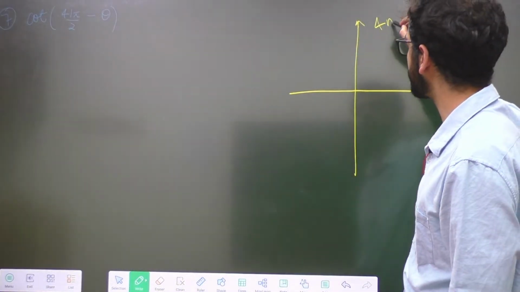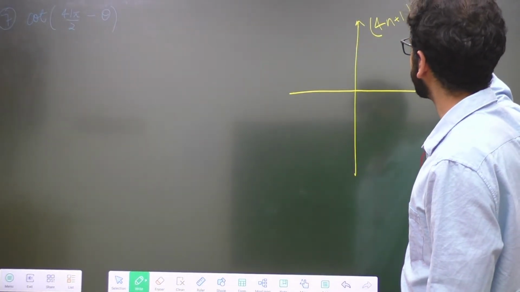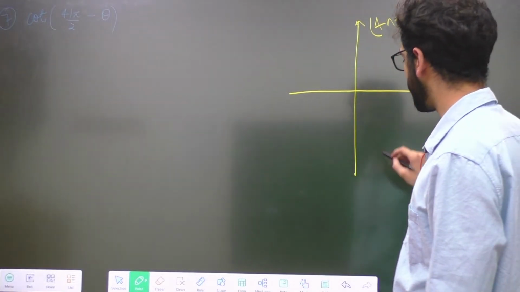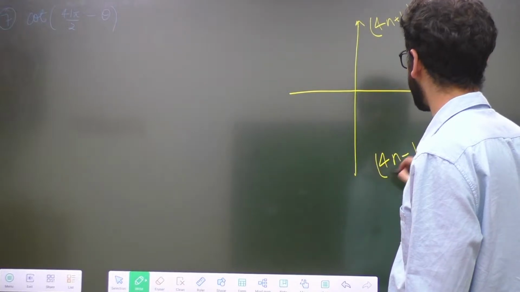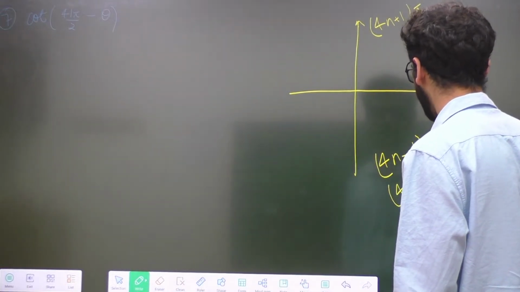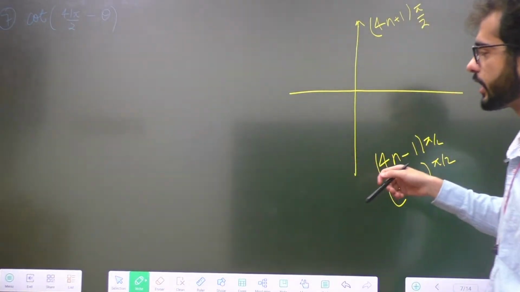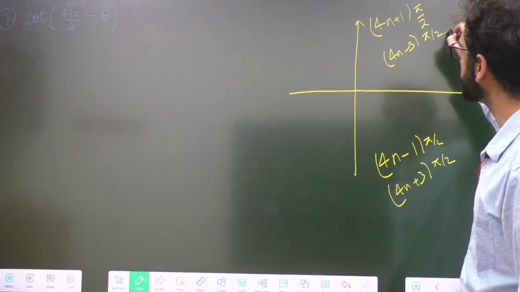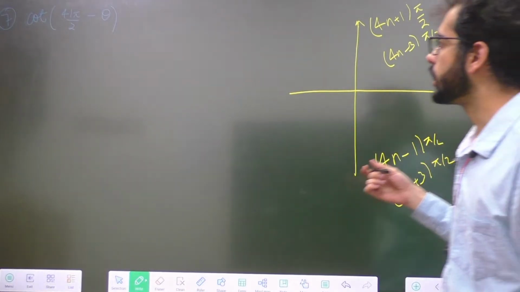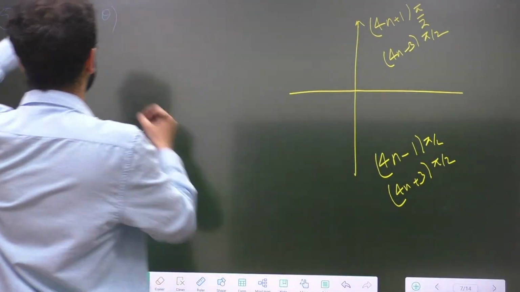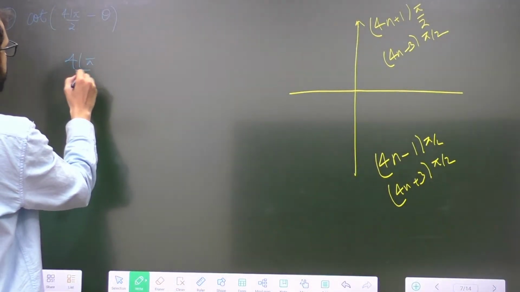If it can be written as (4n plus 1) pi by 2, it is referring to the positive y-axis. If the angle is (4n minus 1) pi by 2 or (4n plus 3) pi by 2, then I am referring to the negative y-axis. (4n plus 1) can also be written as (4n minus 3) pi by 2, since they both refer to the same line.